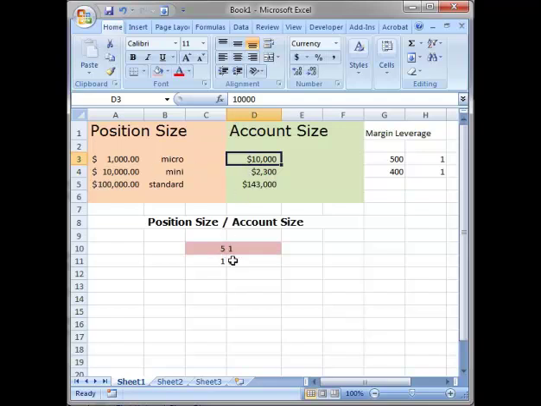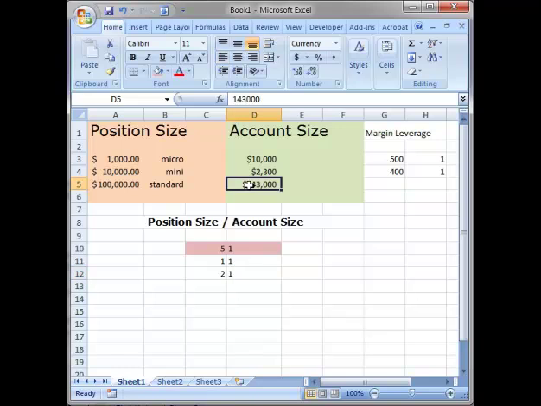You're at 1-to-1. If you were to put 2 mini lots in and you had a $10,000 account, you're now at 2-to-1 leverage. So you have twice as much money in the market. You have 2 contract sizes at 10,000, so that's 20,000 in the market, but your account size is only 10,000. So your leverage is 2-to-1.